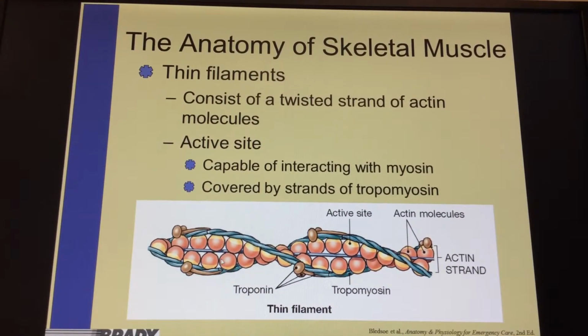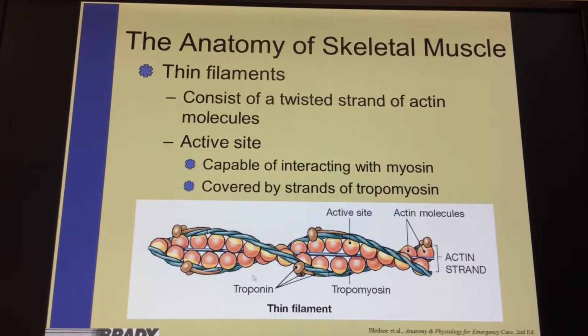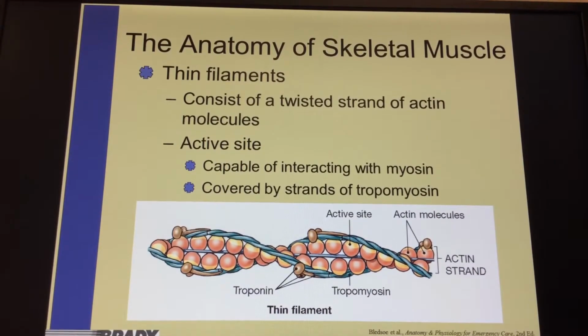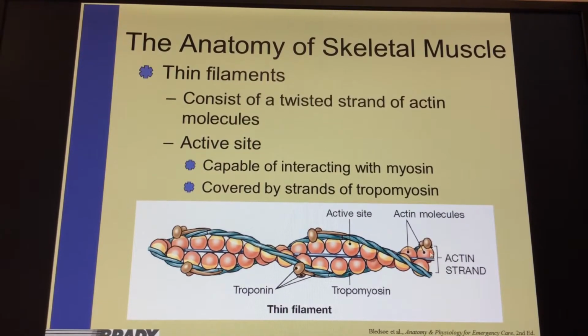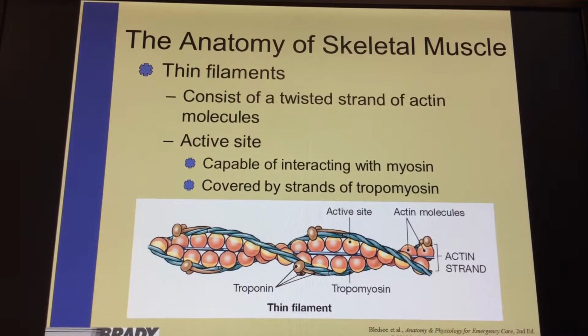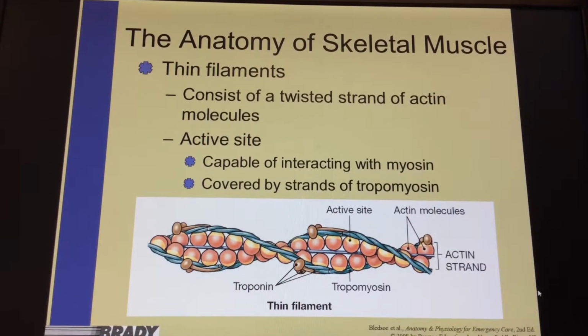Here we're looking at the thin filament, and you can see this is all kind of bound up, and we have troponin and tropomyosin. That's this band that comes down here, and then we have all these little actin molecules. This almost looks like a double helix, and this is our thin filament, and that's how it looks.